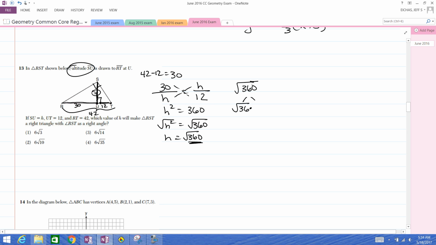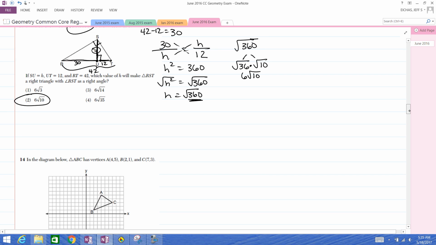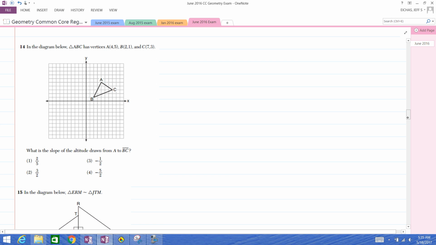A perfect square that factors in evenly is 36. 36 times 10. So that turns into 6 square roots of 10. There are other ways to manage that, using the calculator, but that's the intent of the problem. All right, slope of the altitude.